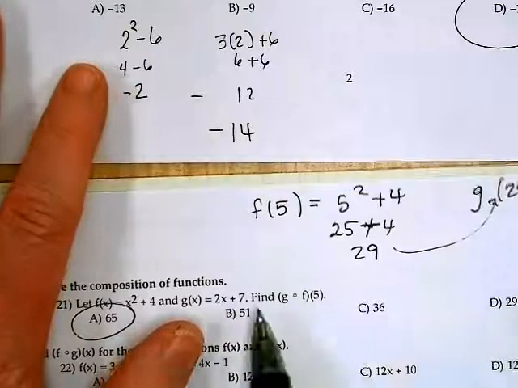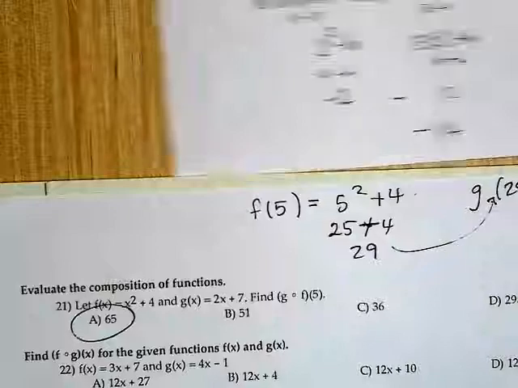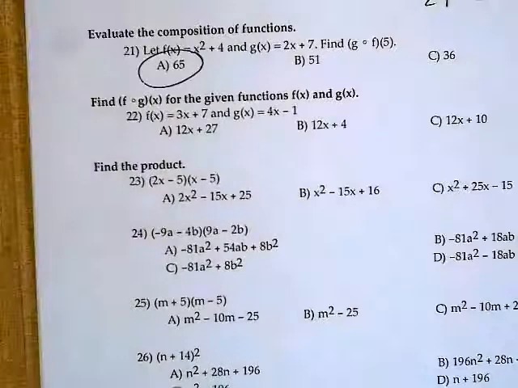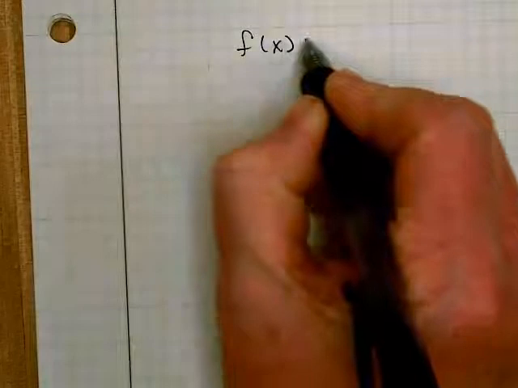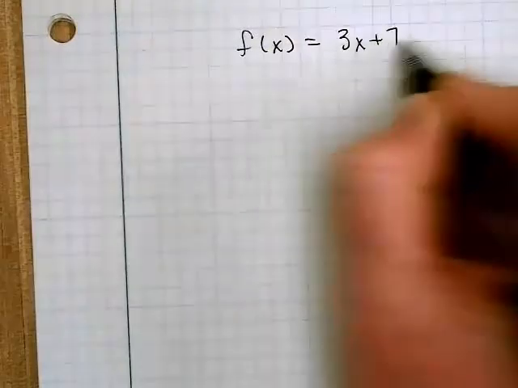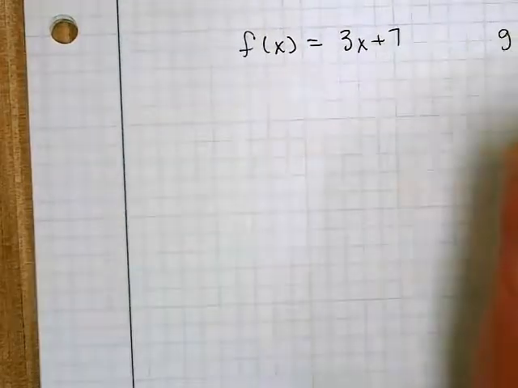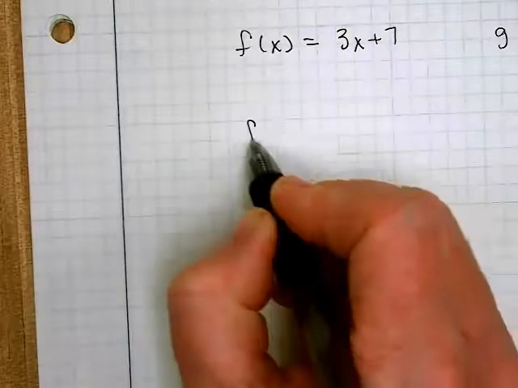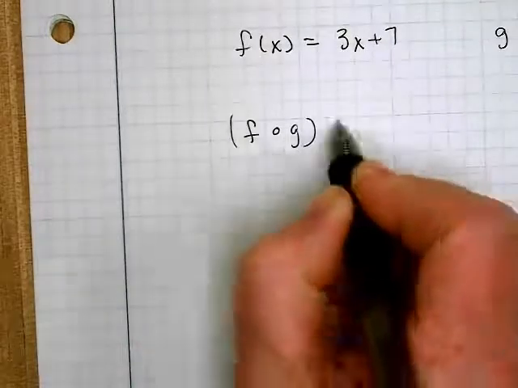The next one asks you to find f of g of x for these functions. Now, they don't give you any values here, so I'm going to write it over here. F of x is 3x plus 7. G of x is 4x minus 1. And I'm supposed to find f of g of x.